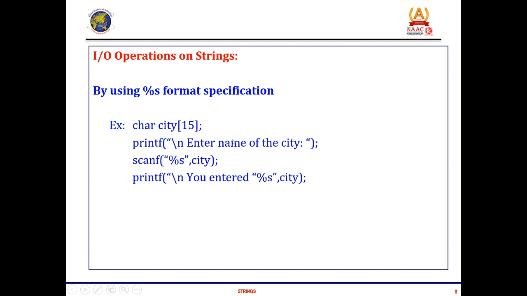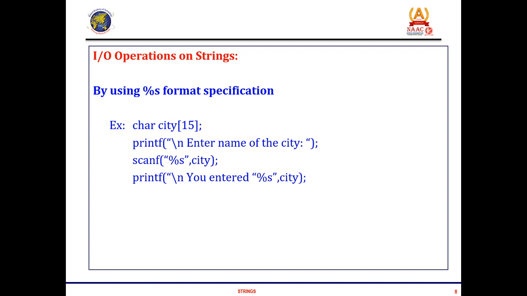So whatever I enter will be stored in the character array city whose dimension is 15, and then my printf will print whatever you have entered as city. Now since you know what the memory map of a character array looks like, since the dimension is 15, you have to ensure that whatever the name of the city you give, the maximum length is 14, because you know that the last character will always be reserved for the null character.